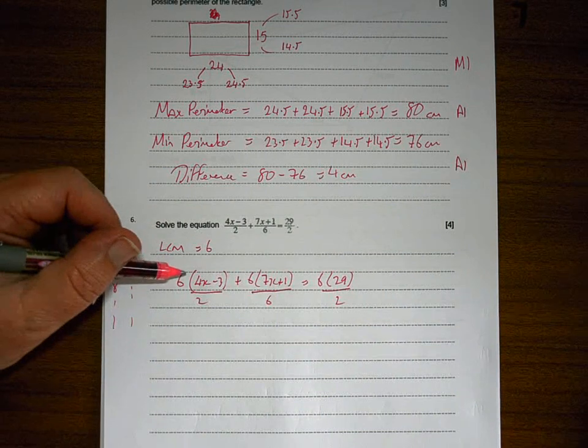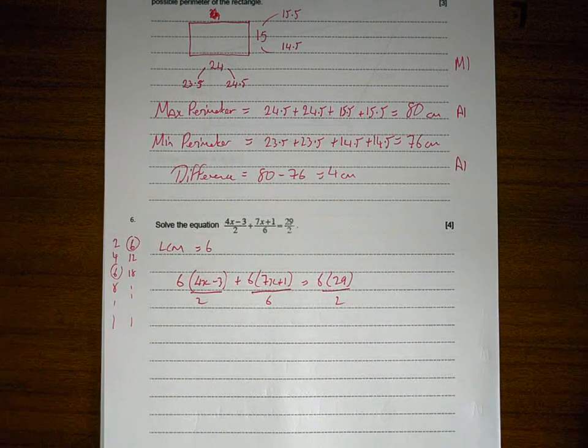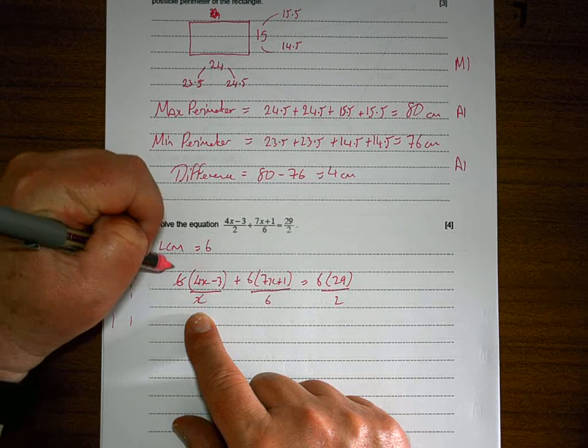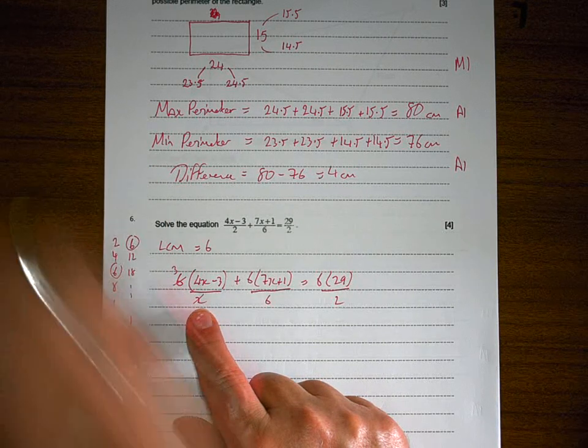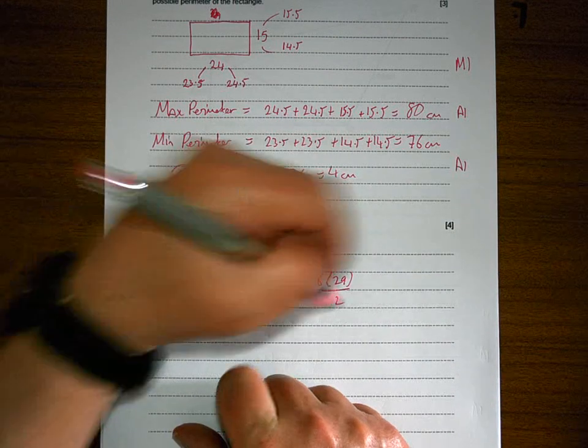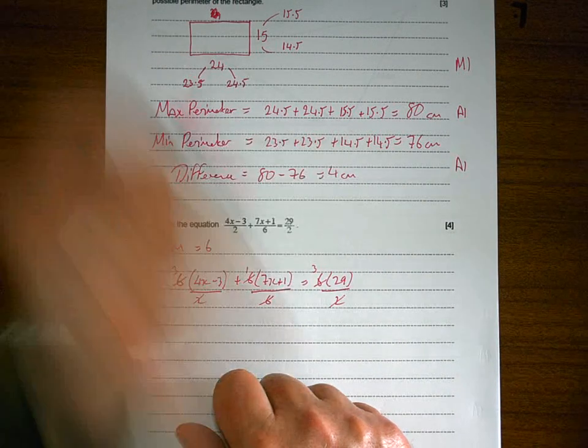I'm writing brackets. Now that helps us get rid of the fraction, because 6 divided by 2 is 3. So instead of having the 6 divided by 2, I got 3. 6 divided by 6 is 1, and 6 divided by 2 is 3. So the fraction is gone.